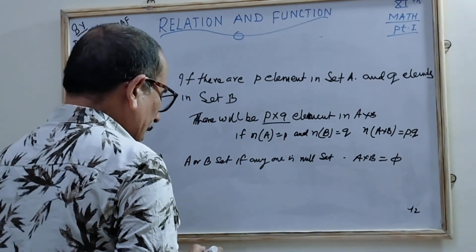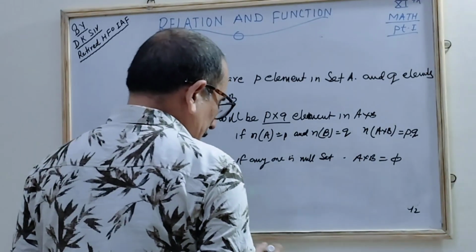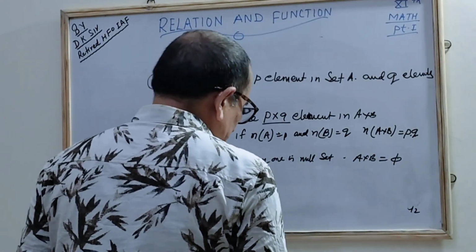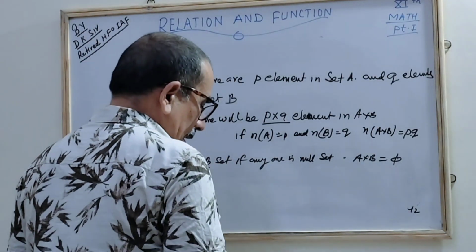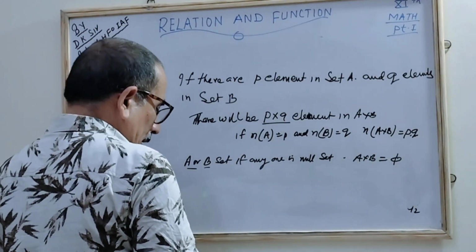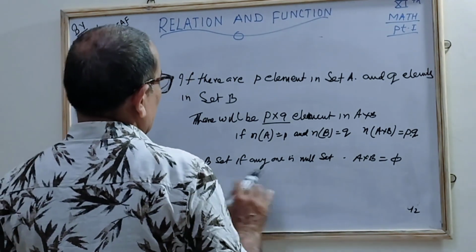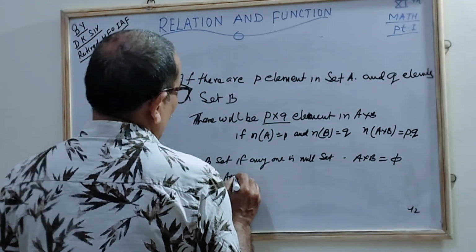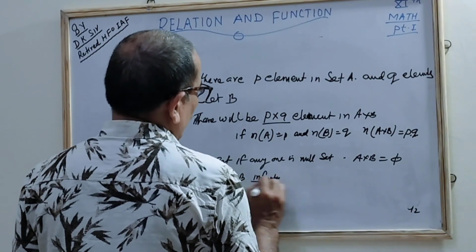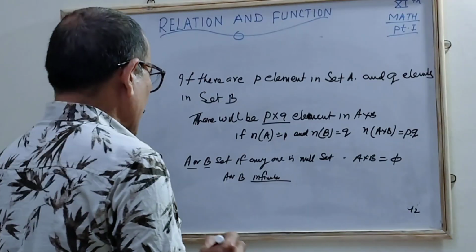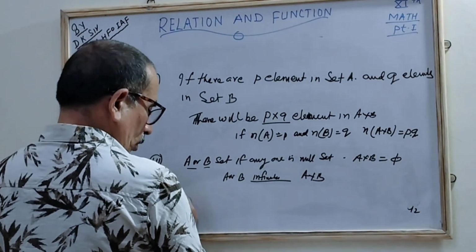But if A and B are non-empty sets and either A or B is infinite, out of the two, any one being an infinite set, then A into B will be infinite, following the same rule as for A into B. The same will be there. Now the fourth rule.